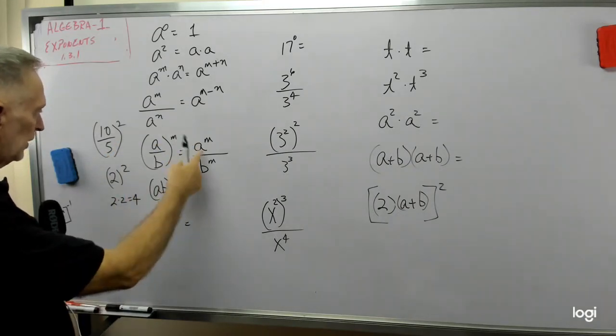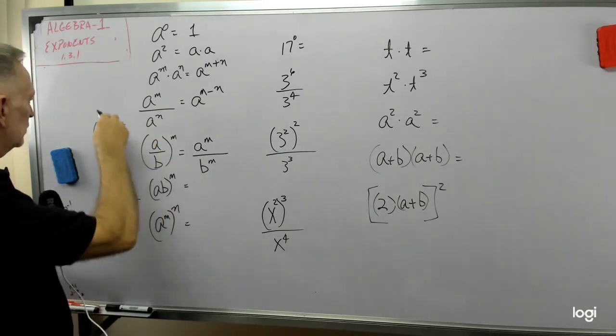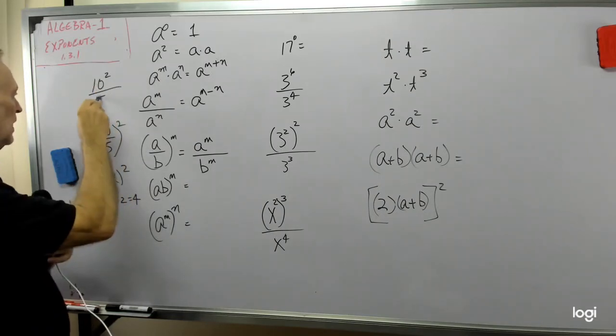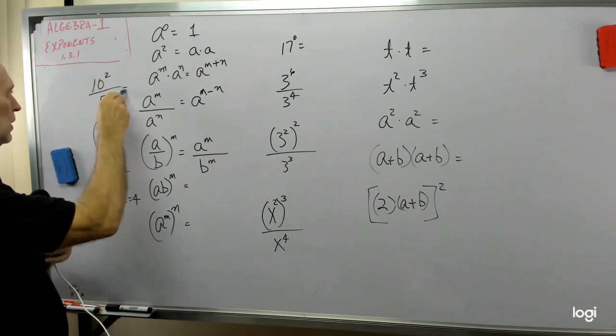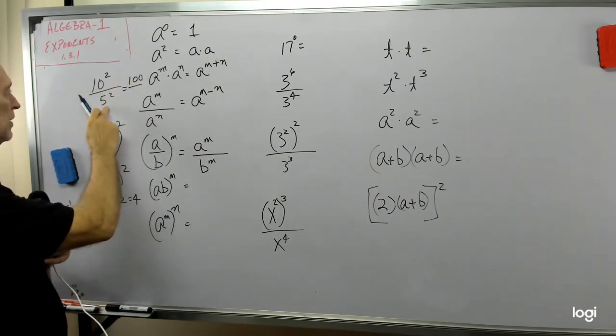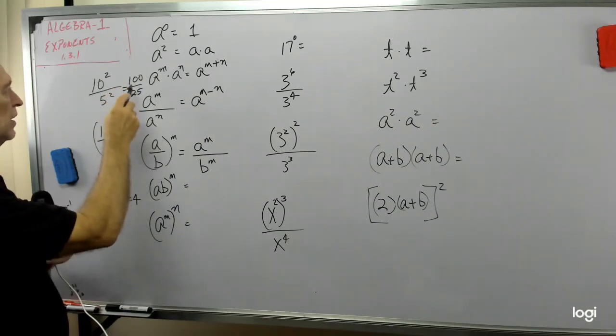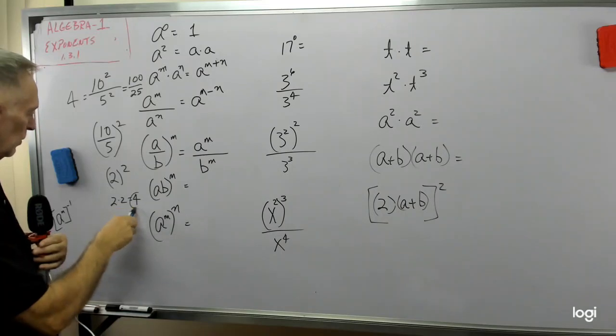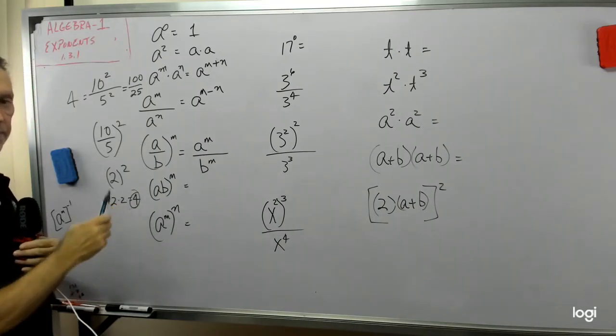If I were to expand that, I could have 10 squared over 5 squared. Well, 10 squared is 100. 10 times 10 is 100. 5 times 5 is 25. 100 divided by 25 is 4, which is exactly what I had here.